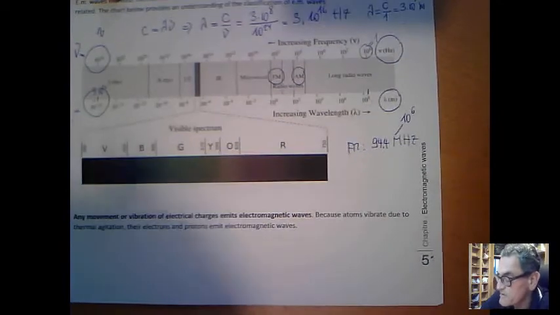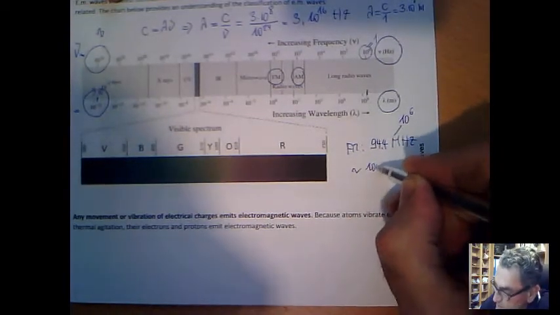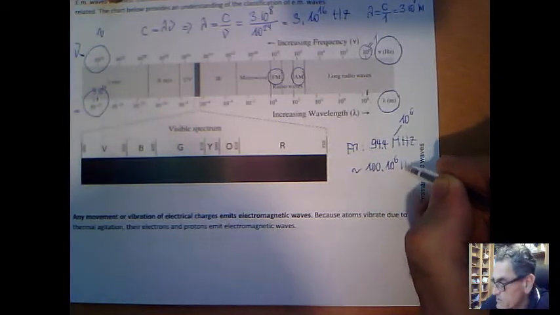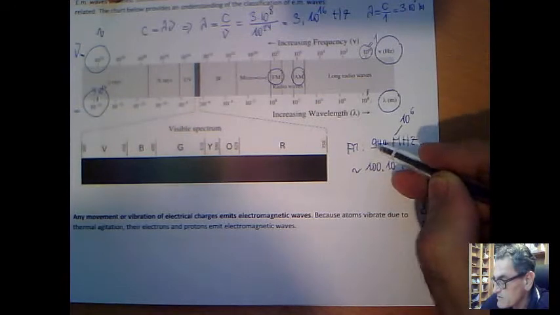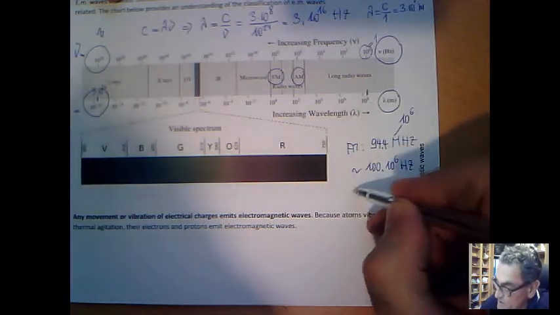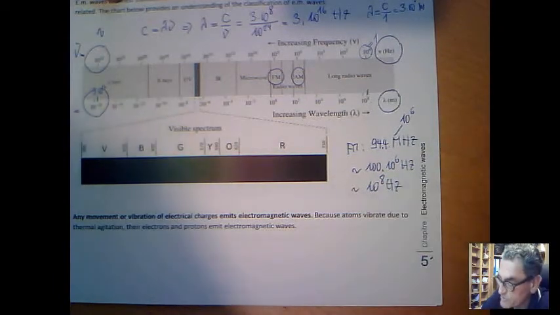Mega means that we multiply times 10 to the power 6. So this we could approximate at 100 times 10 to the power 6 hertz. I approximate to 100, and the mega gives you 10 to the power 6. So that's about 10 to the power 8 hertz.